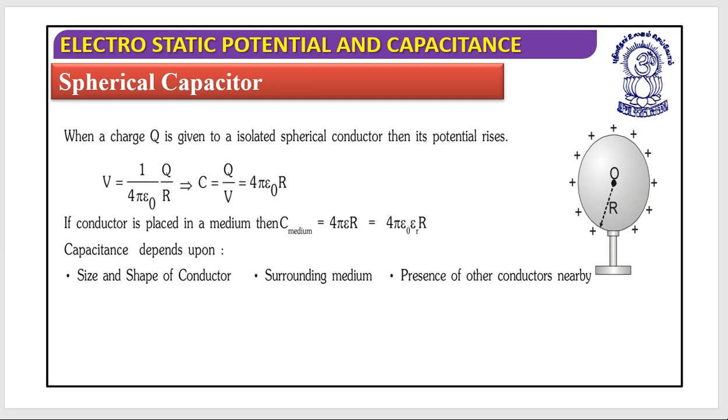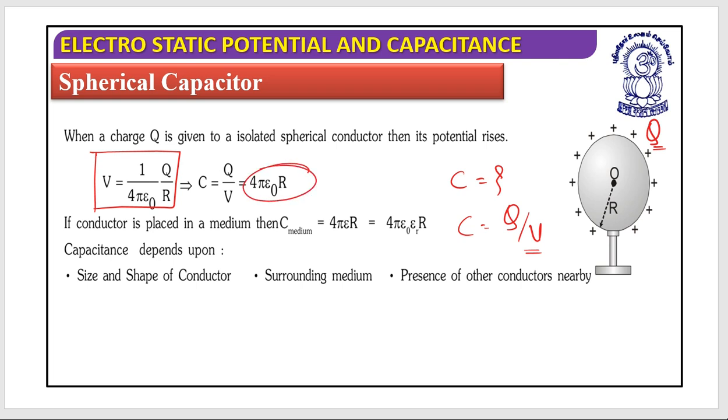A sphere has been conducted and it has been provided with the charge q, and I need to find out the capacitance of this. How could I do it? It's q divided by v, simply this.